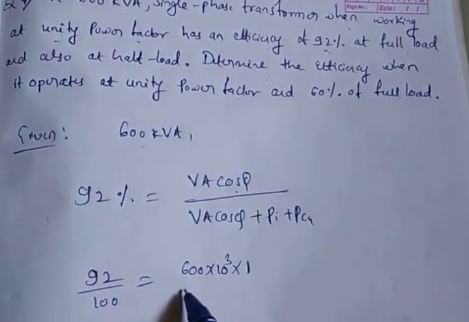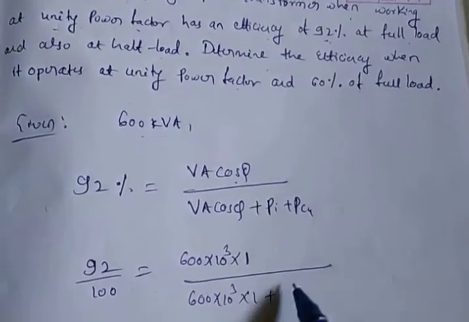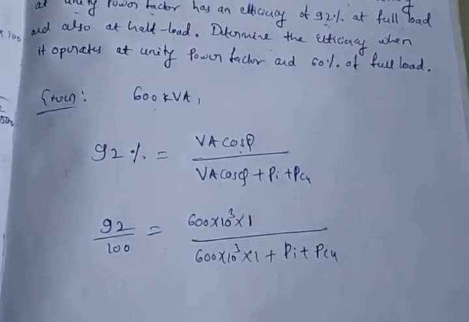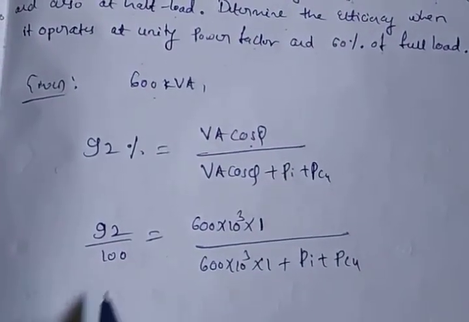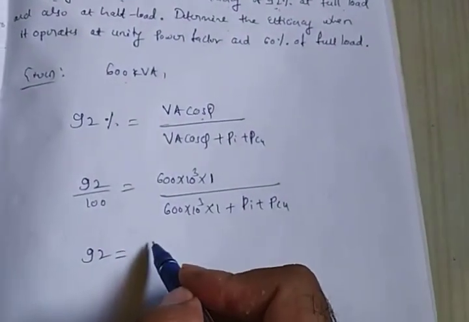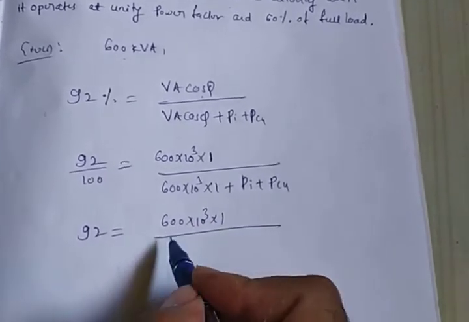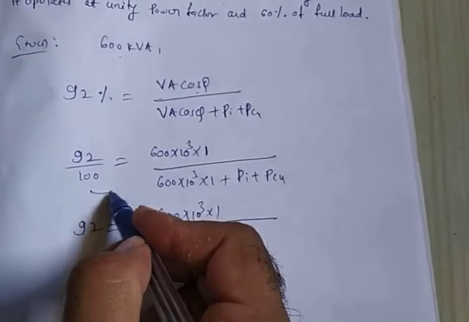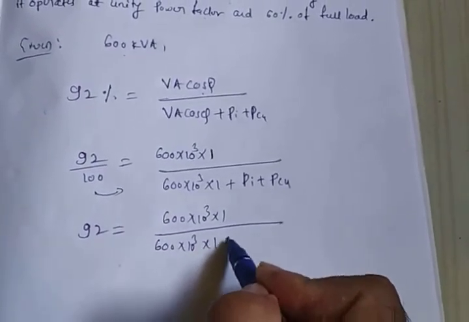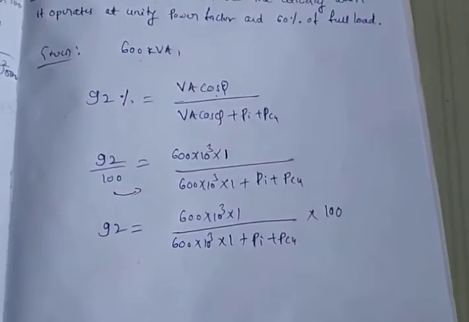So the power factor is 1, whole divided by 600 into 10 to the power 3 into 1 plus PI and PCU. PI and PCU are not given, so keep them as they are. And this equation finally I can write as 92 is equal to 600 into 10 to the power 3 into 1 whole divided by 600 into 10 to the power 3 into 1 plus PI plus PCU, with the 100 transferred to the right hand side.